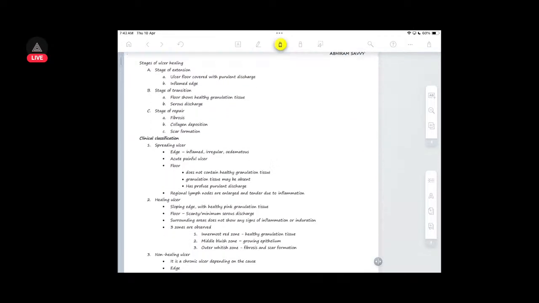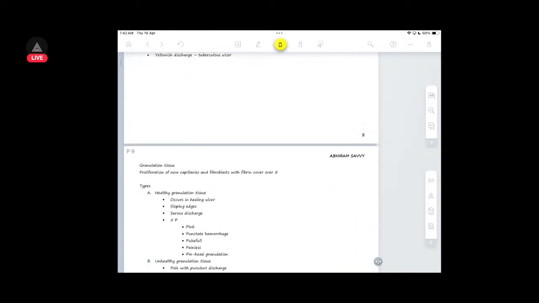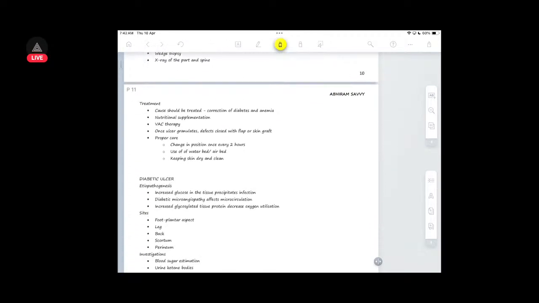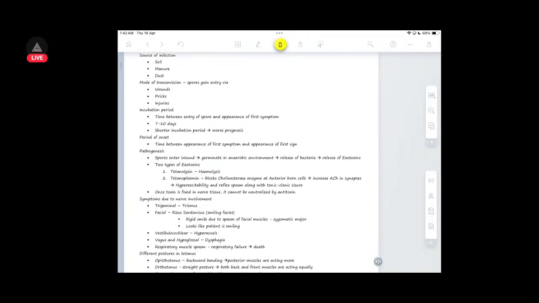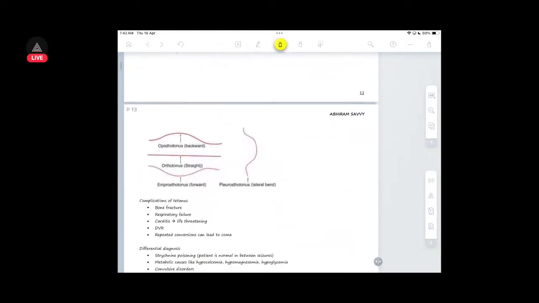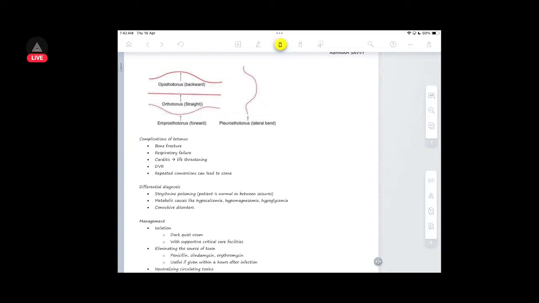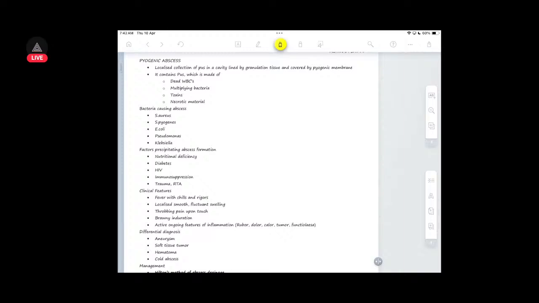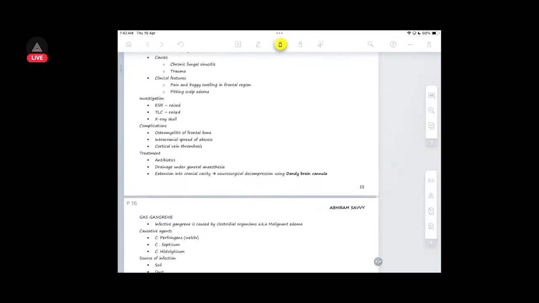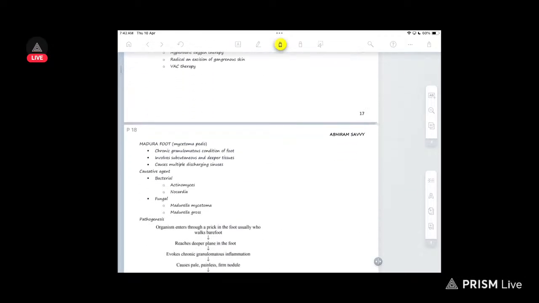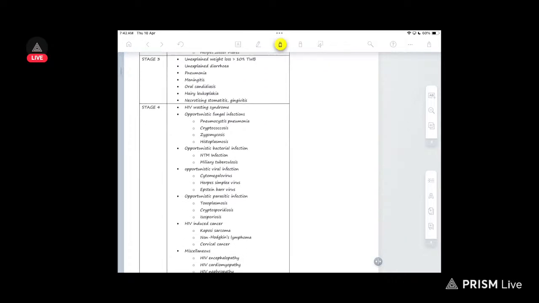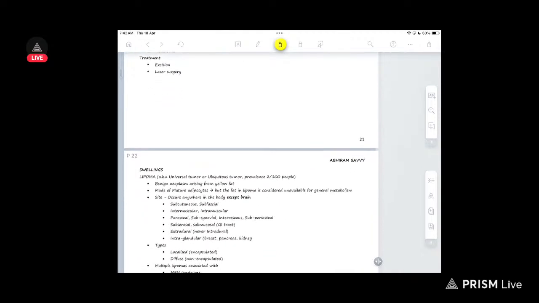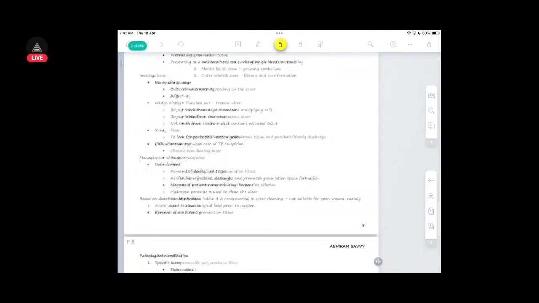All of these are very much important topics in surgery. So, Marjolin's ulcer, infectious disease, tetanus. A lot of small topics and very important topics are there.